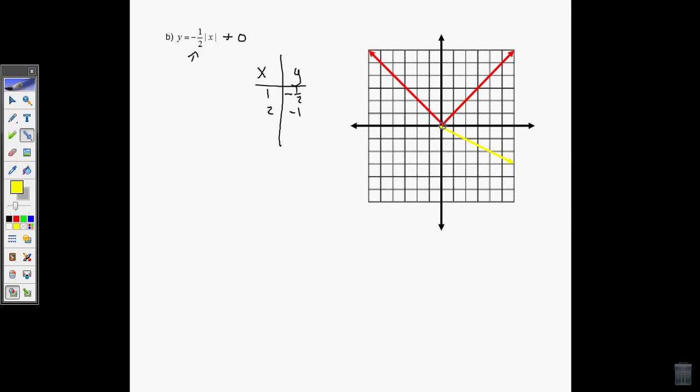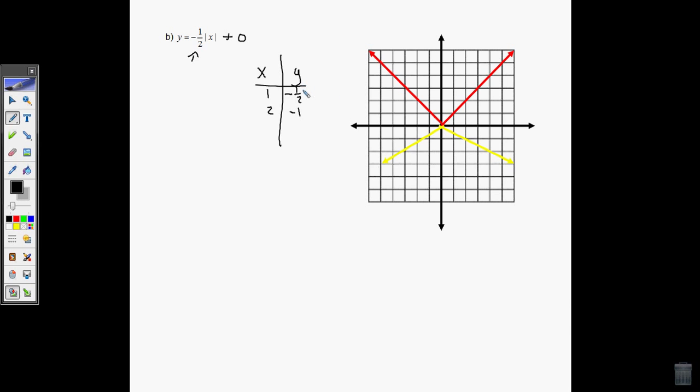And then I think of the slope in this direction, over 2 and down 1, over 2 and down 1, over 2 and down 1. Cool. So, how did that happen? How did I get it into these two quadrants instead of up here like all of the other ones were?